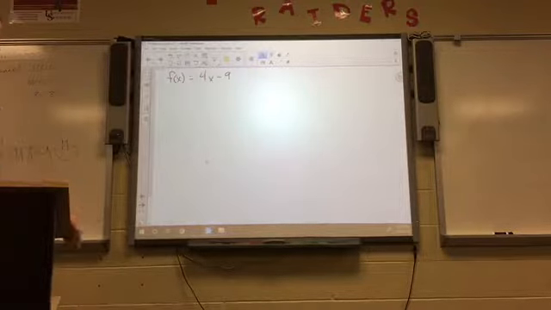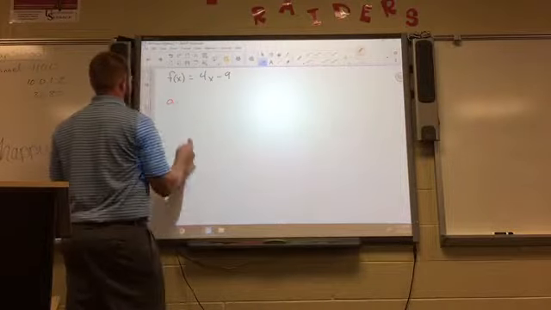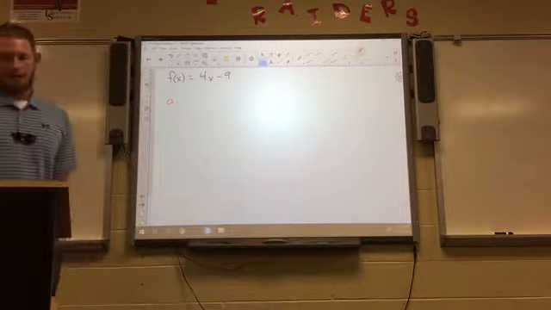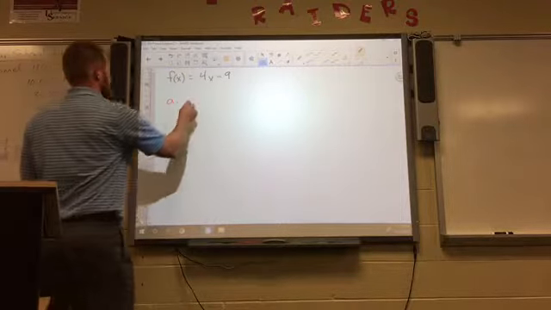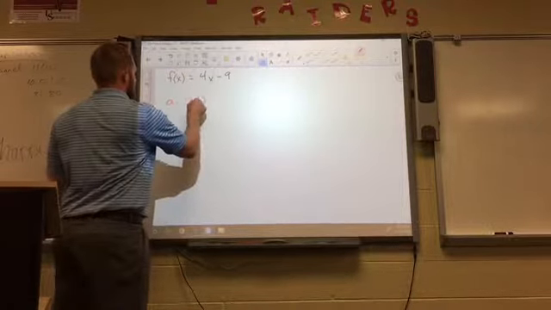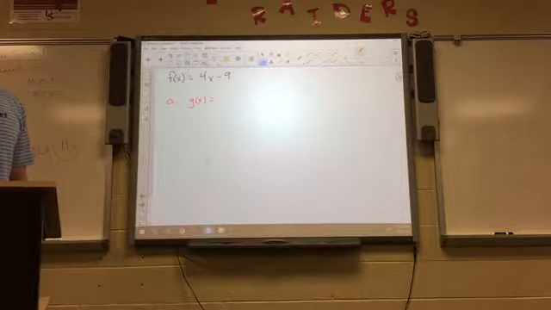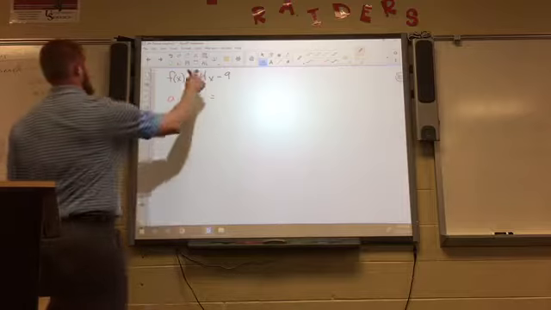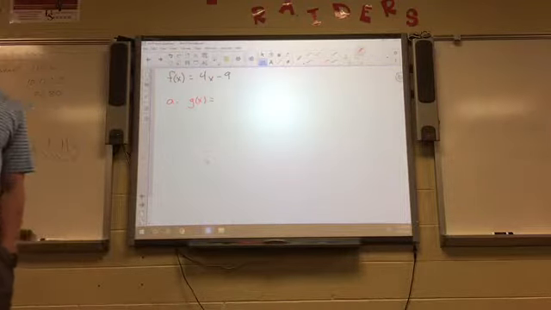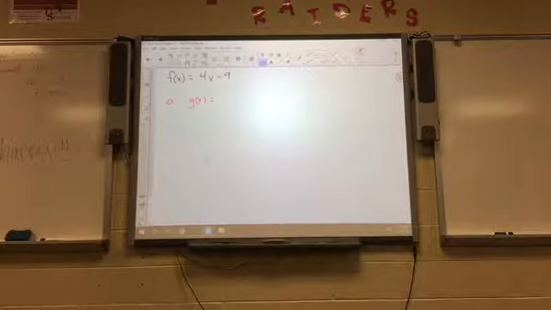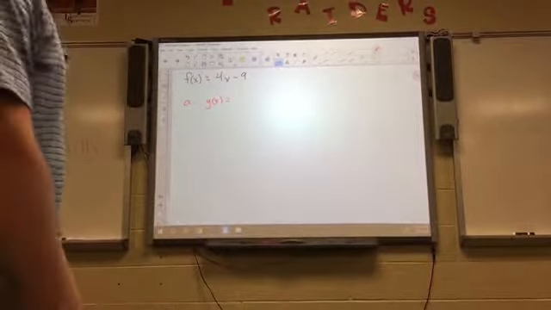They then want me for part A, they want me to take that function and write a new function, g of x, that is a translation 5 units up from this graph. Okay, so when we're doing this, my Swivl's not working right, so I got to do it manually.